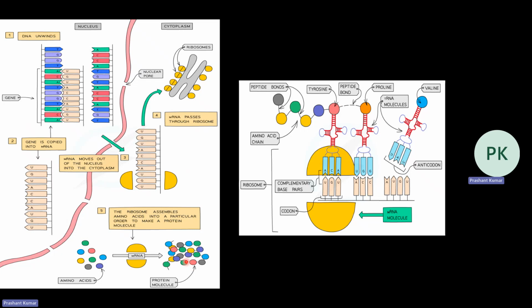But actually, inside, what is happening is the mRNA molecules have three-letter sequences called codons. You can see here. These codons are complementary to the tRNA. So if you remember, I've discussed there are three types of RNA molecule, right? Whereas mRNA is the important message coming from DNA to RNA molecule.